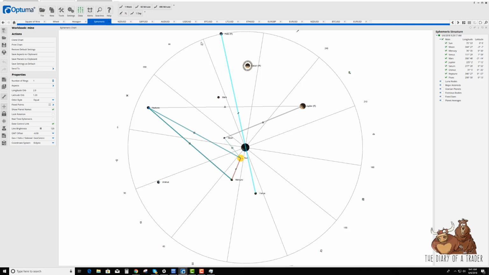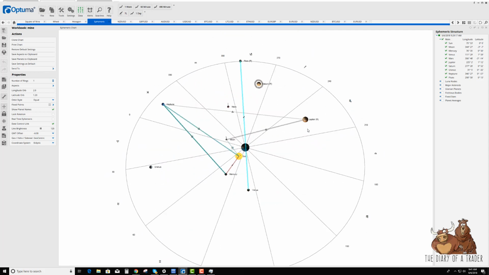Or we can see Pluto and Venus, they're in opposition, which means that they are across from one another. They are 180 degrees from one another. Or Jupiter and the Moon, they're trine. Trine is 120 degrees. And so we can see that these change frequently as we go throughout a day and a year.